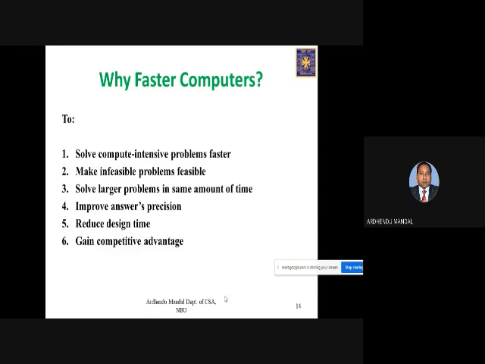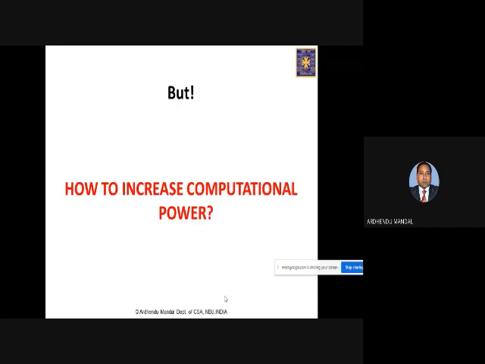So we require the results in real time. And to improve the precision of the answers, we require fast computers. To reduce the design time of different kinds of applications, which takes time if you use pen and pencil, we can have software that designs in a faster way. And obviously, to gain competitive advantage, we require fast computers.